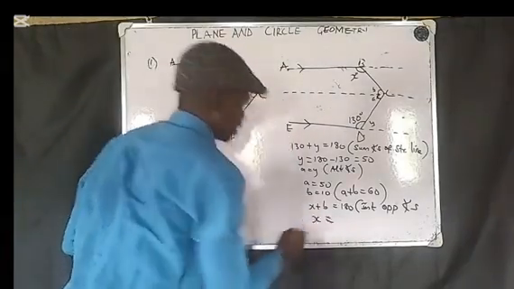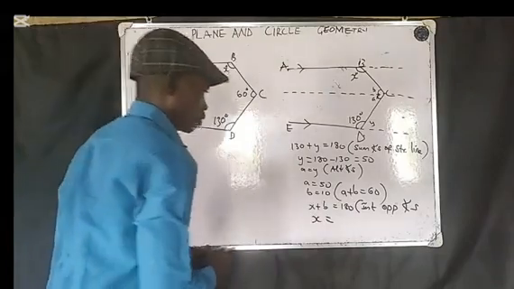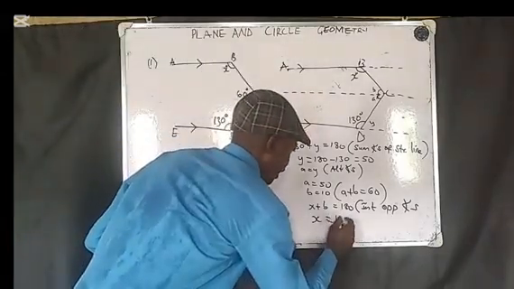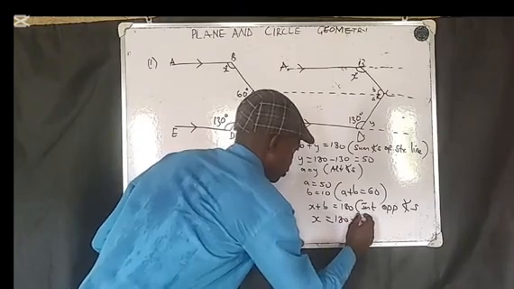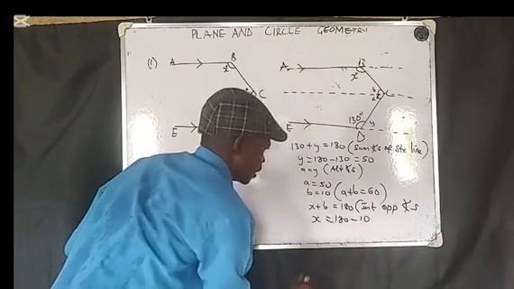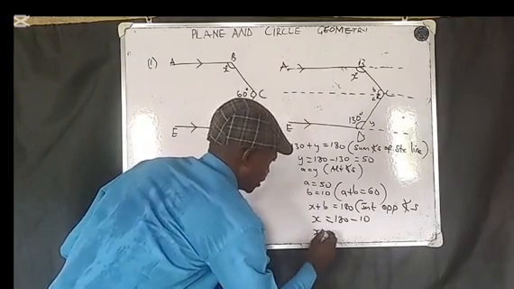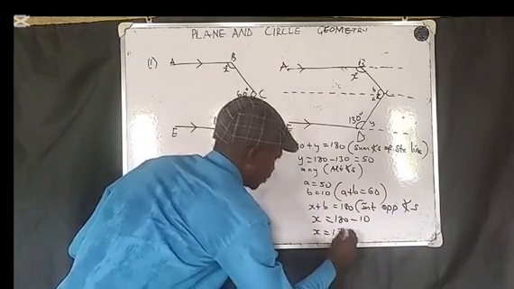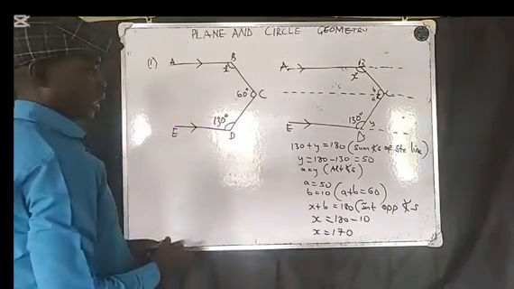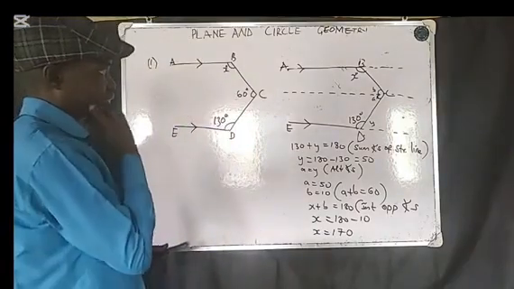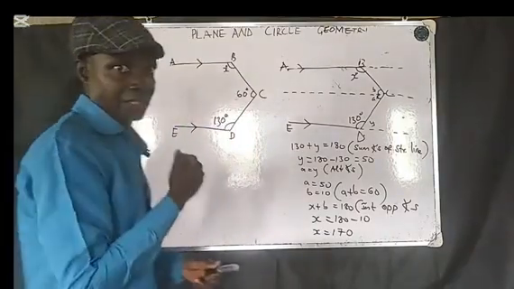B is already 10, so we are going to say 180 minus 10, and that will give us X equals 170. X equals 170. That is our answer.